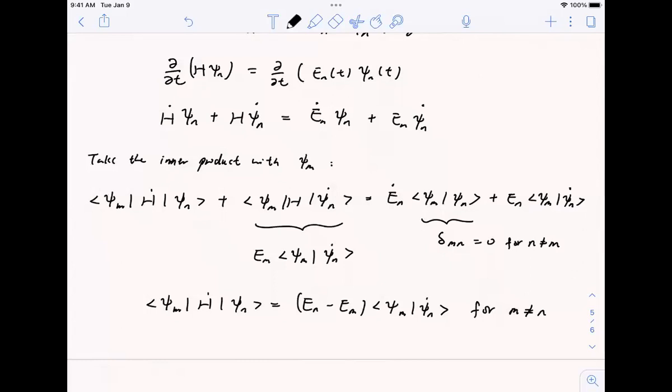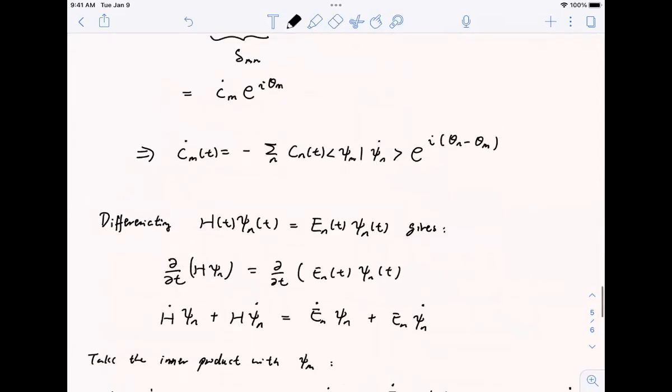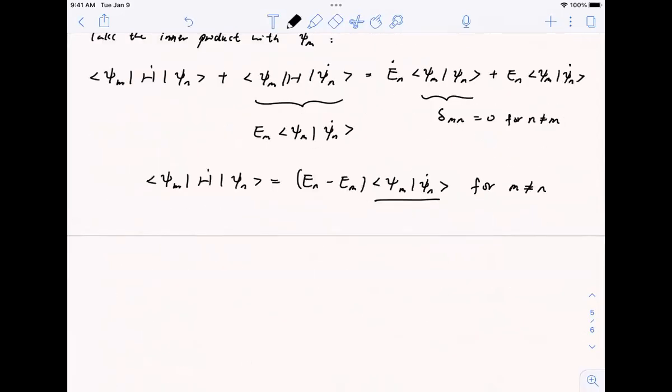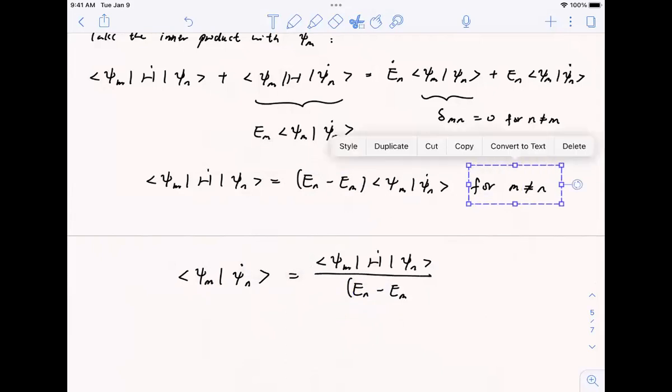So we're going to use this result because here we can express this as this thing over this thing. Of course, this condition carries on.